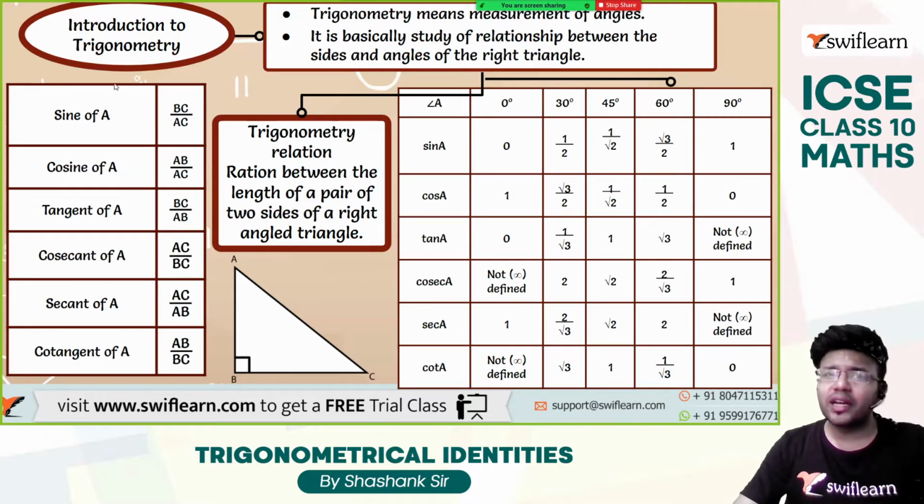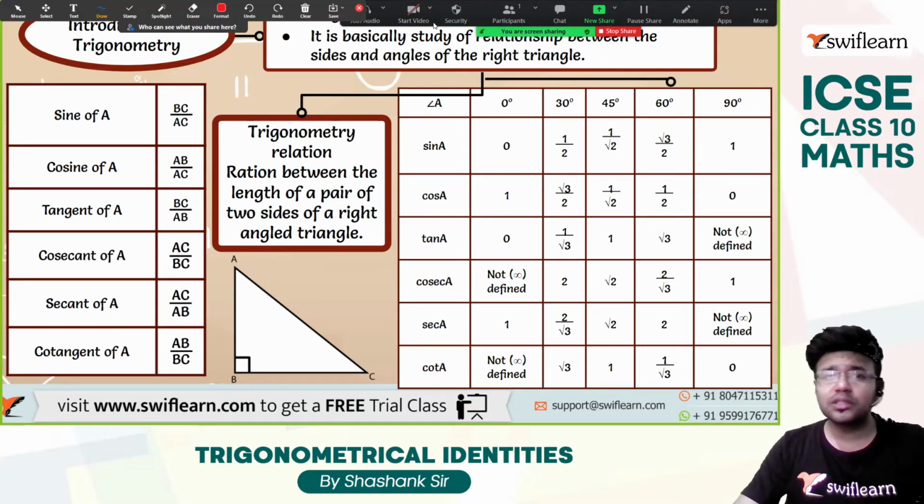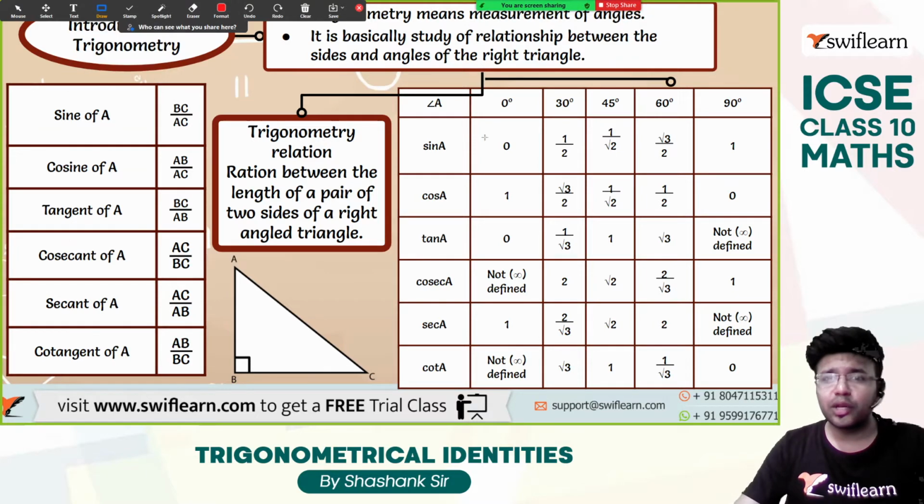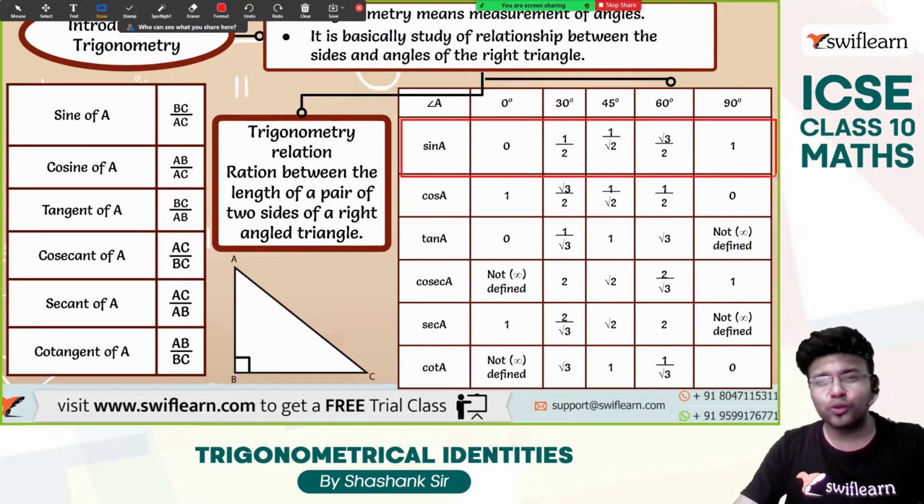We also studied the trigonometric definitions, and we also studied the trigonometric table. I told you this is very important. This you need to remember. I also told you there is no need to remember how to get these angles.